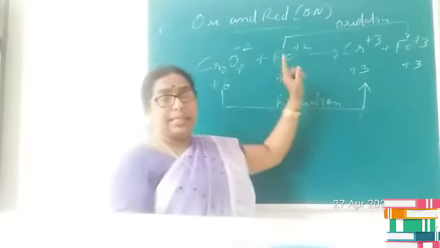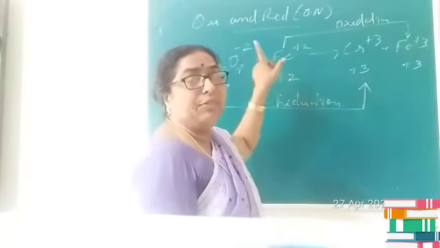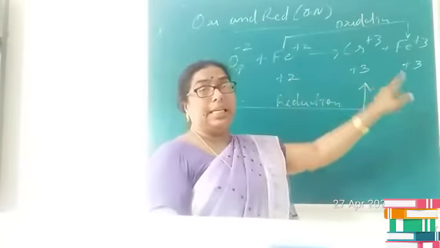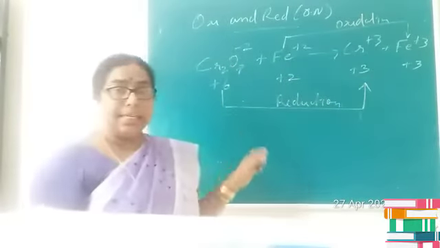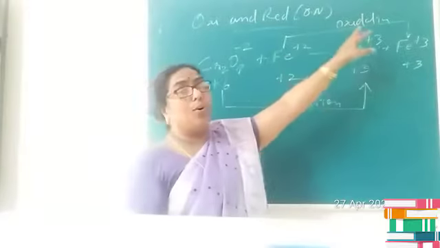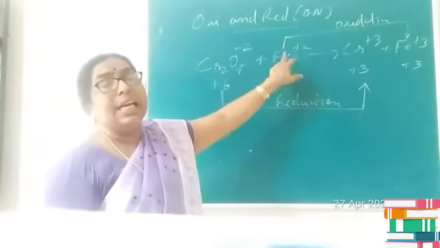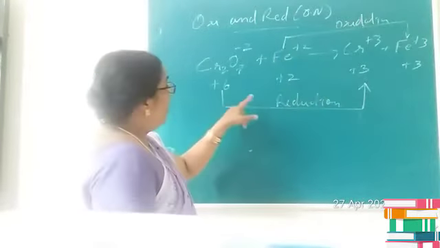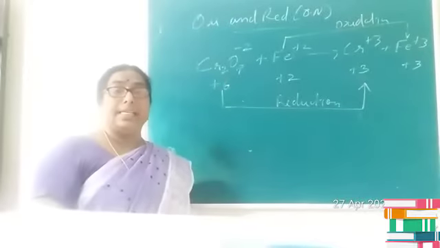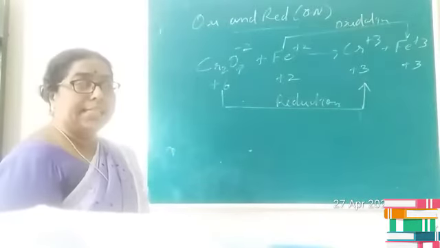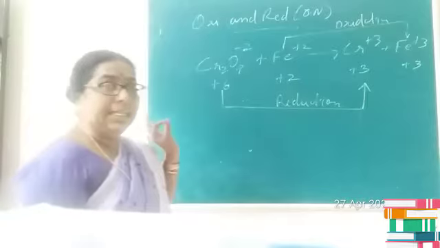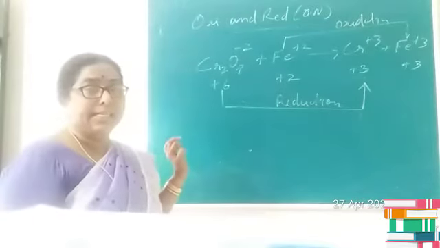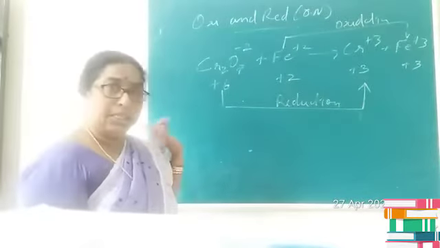On the other hand, the oxidation number of Fe increases from plus 2 to plus 3, which is termed oxidation. And the element which undergoes oxidation is termed the reducing agent, and the element which undergoes reduction is termed the oxidizing agent. Is it clear? These are the definitions for oxidation and reduction in different terms.